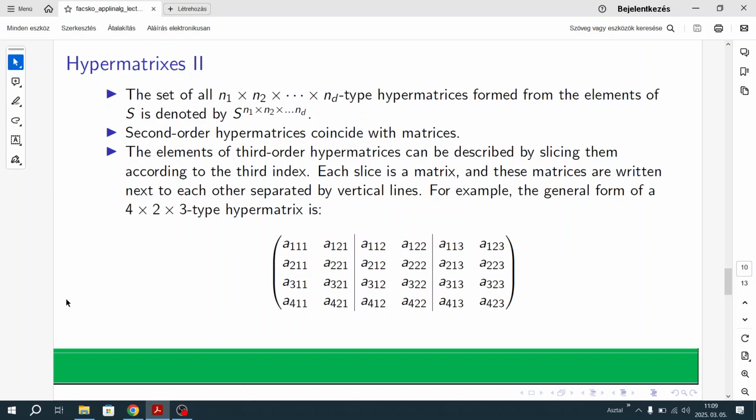So you can exactly see the indexes of the row. The first is the row, then the second is the column, and the third is not the column, but it's in space. You write this in this way.